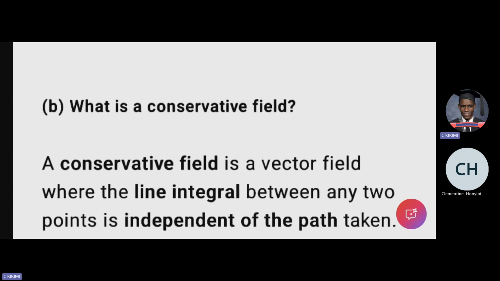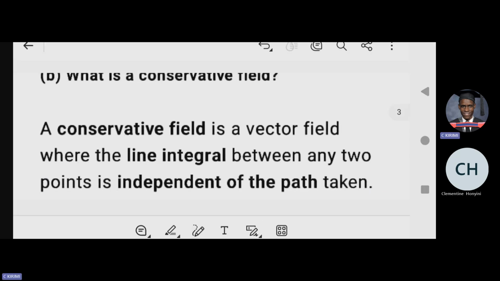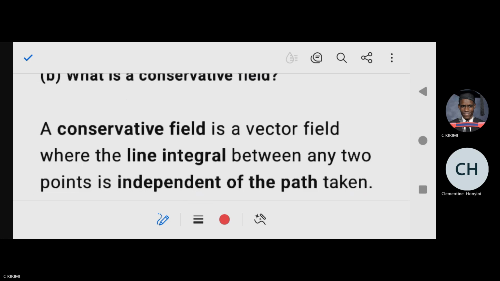When you are conserving, you are preserving something, there is no loss. So what is a conservative field? A conservative field is a vector field where the line integral. What do we mean by line integral? The line integral.